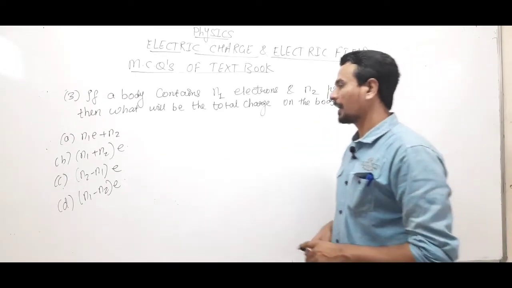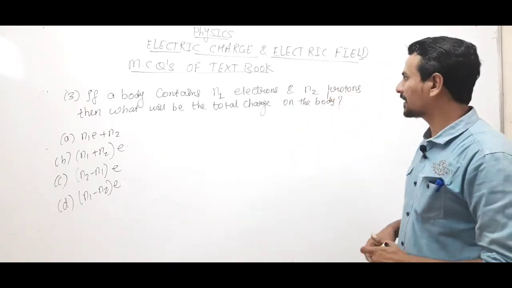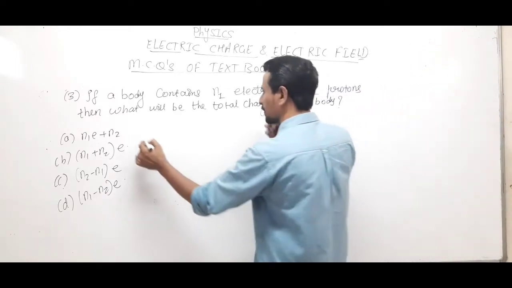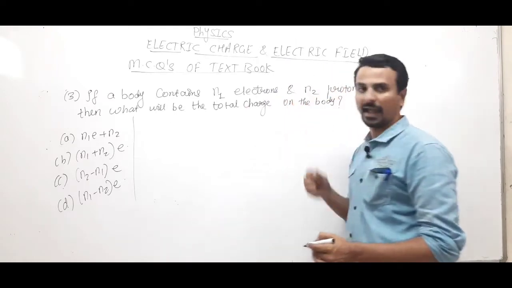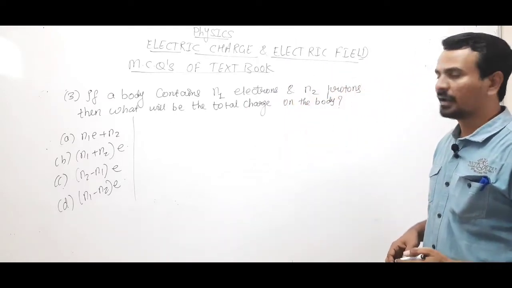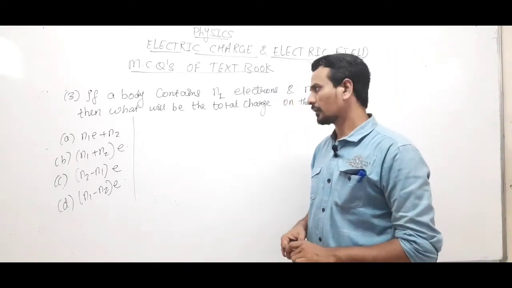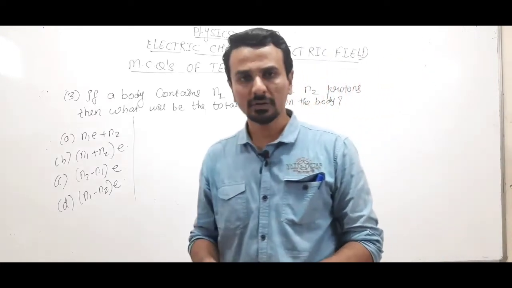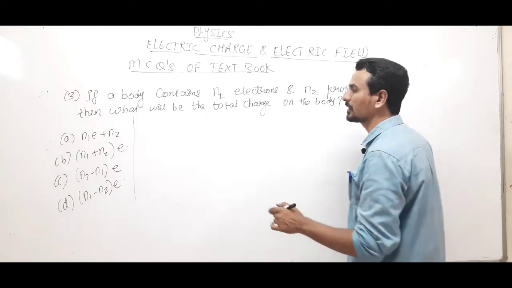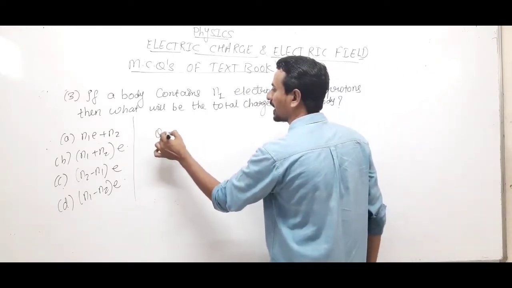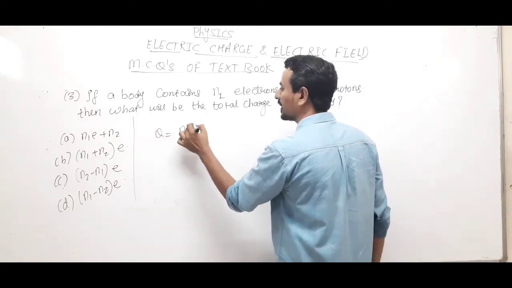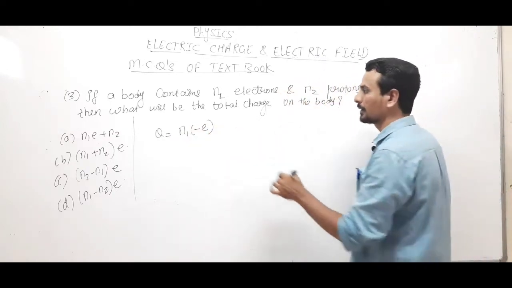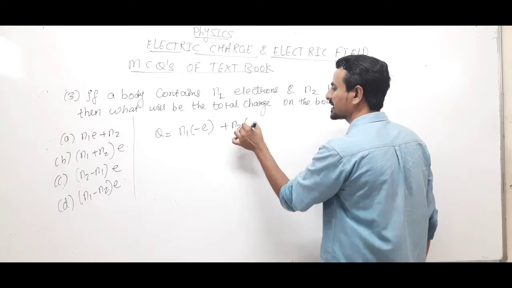Third one: if a body contains N1 electrons and N2 protons, then what will be the total charge on the body? The body has N1 number of electrons and N2 number of protons. Magnitude-wise, charge on a proton is equal to charge on an electron. So again we can use the rule of quantization. It contains N1 electrons, so charge will be N1 into -e, plus it contains N2 protons.